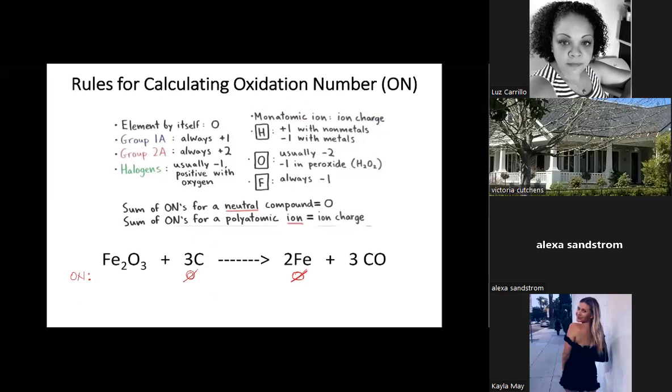Now, you can see here that the first compound that we have is an ionic compound, okay? So you can see that it is a neutral compound because it doesn't have an overall charge. So when we add the oxidation numbers, they need to equal 0, okay? Based on the rules that we have there, this is not peroxide. So what's going to be the oxidation number of oxygen?